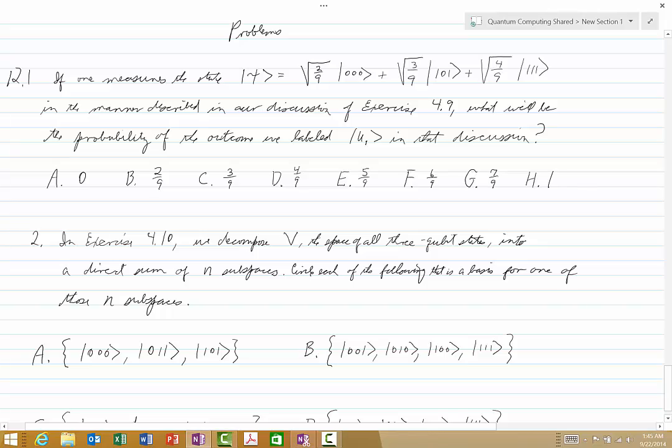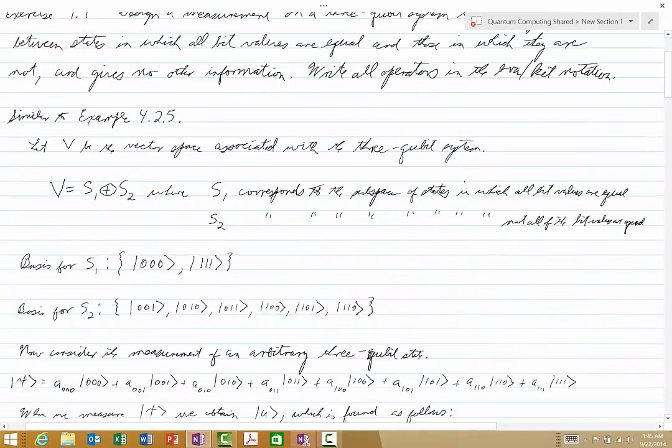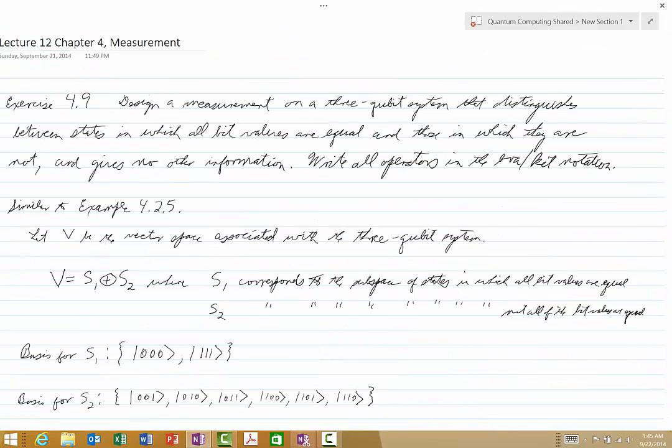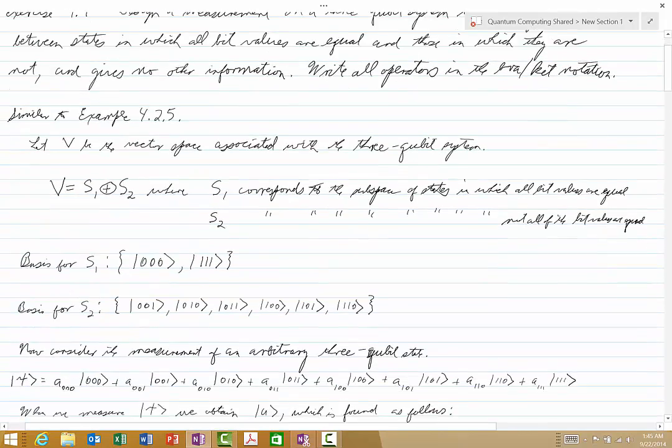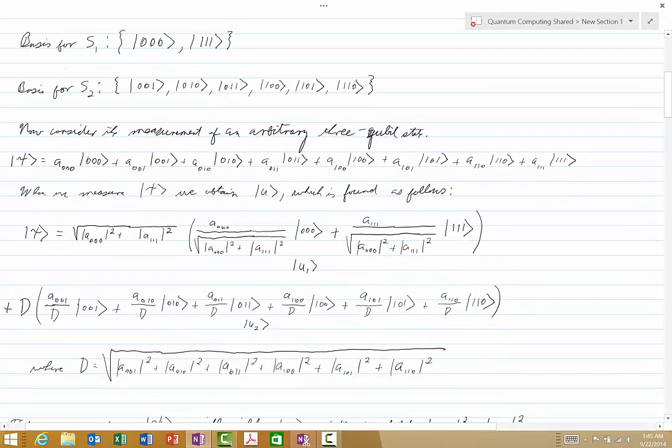So just scroll back up here to the very first of the lecture, and here's the discussion of exercise 4.9, and you can see that this parenthetical expression is U1.